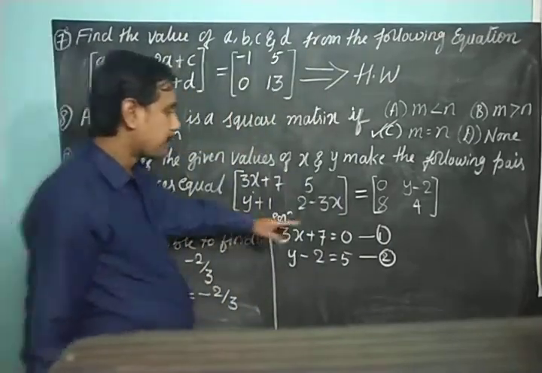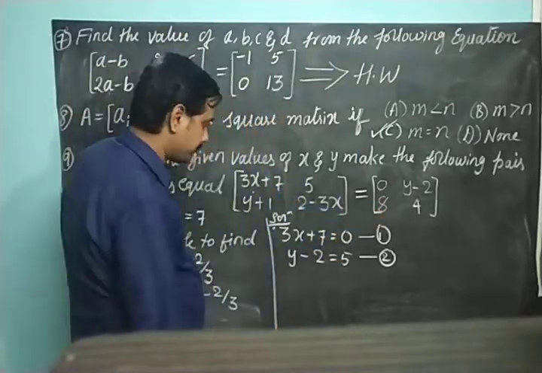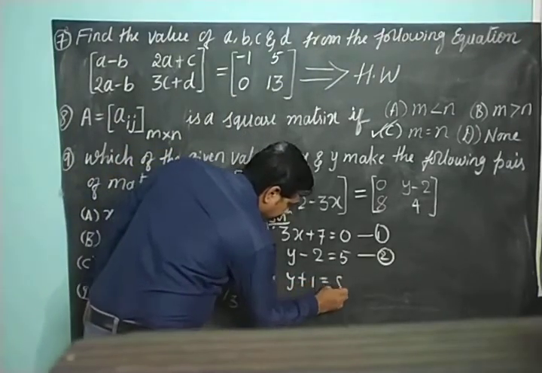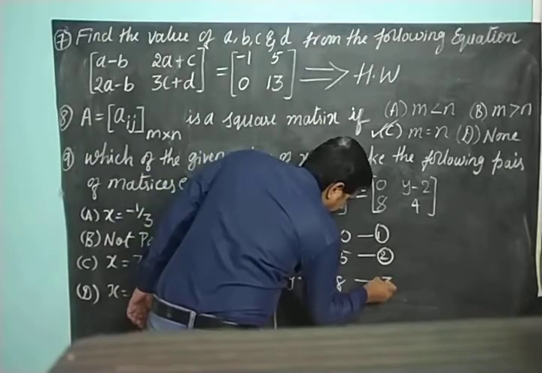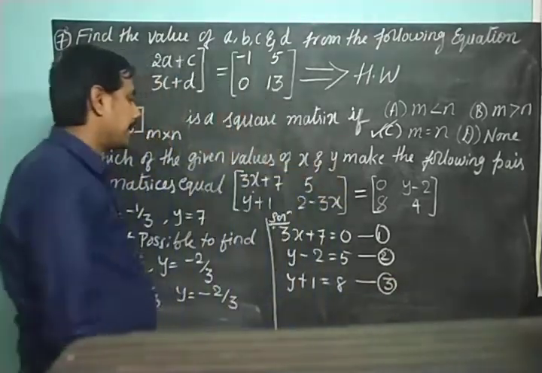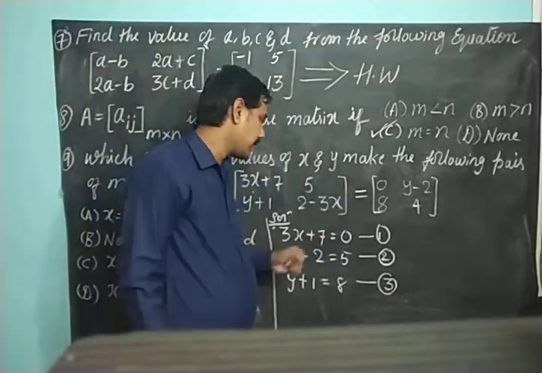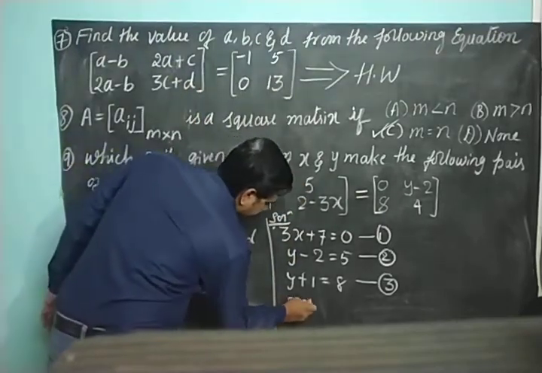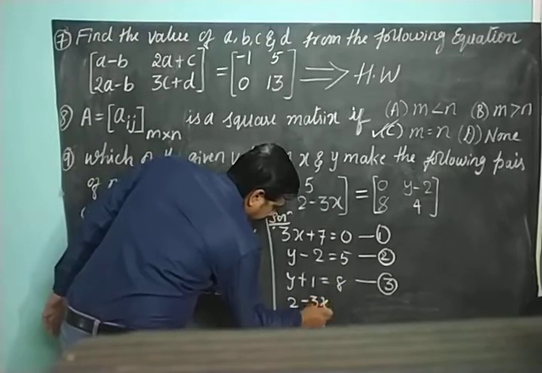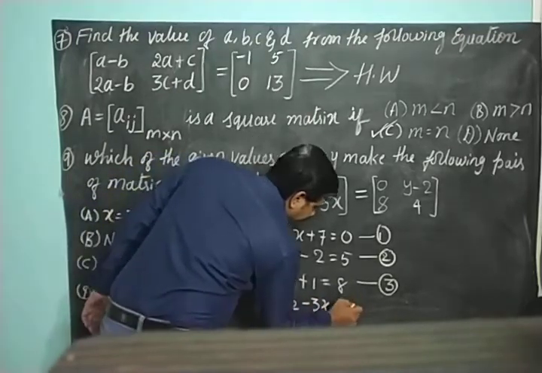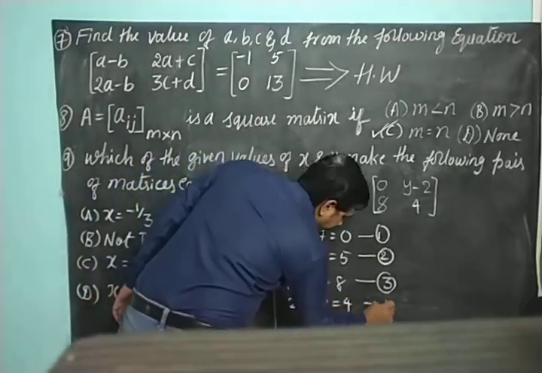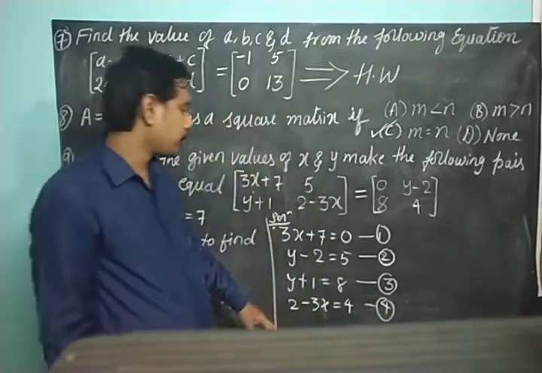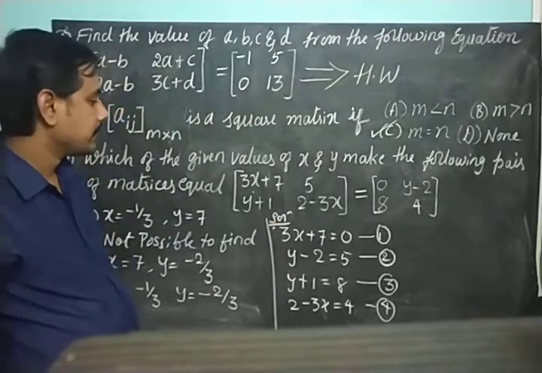Third one, y plus 1 is equal to 8. From the third, A21 should be equal to A21 here and here. Okay, so equating all four, we got 4 equations.